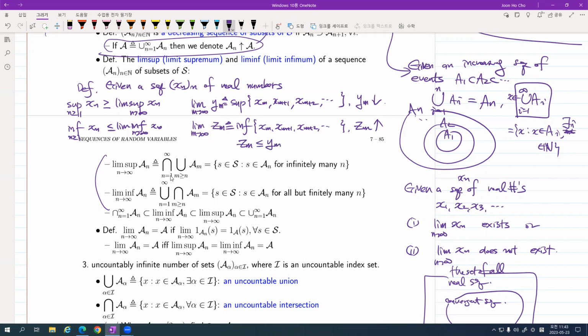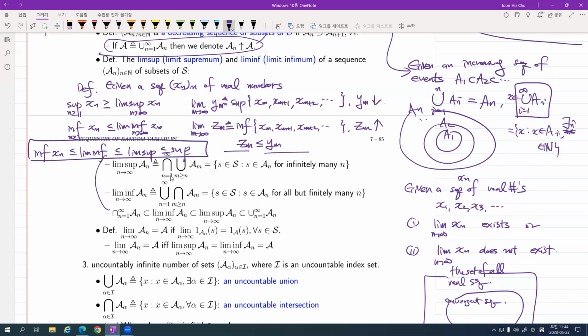Now you take the limit. If the limit exists, what happens? You have the limit of this less than or equal to that one, right? So in general, what you have is some property like this: inf of a sequence is less than or equal to lim inf, less than or equal to lim sup, less than or equal to sup.